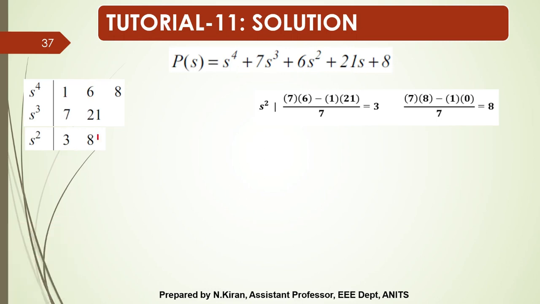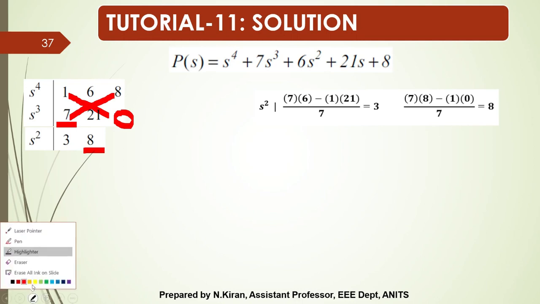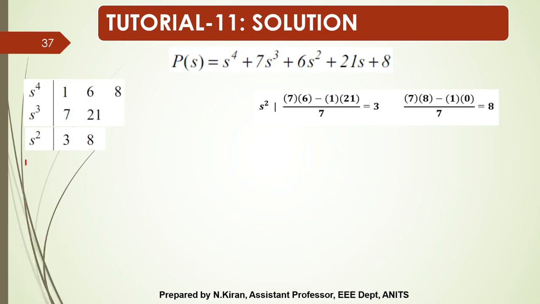To find the next element, it is 7 into 8. Here there is no element, therefore it is understood to be 0. So 7 into 8 minus 0 into 1 divided by 7 will give me the second element in the row corresponding to s square, which is 8. Now we have to find the elements corresponding to the row s power 1.